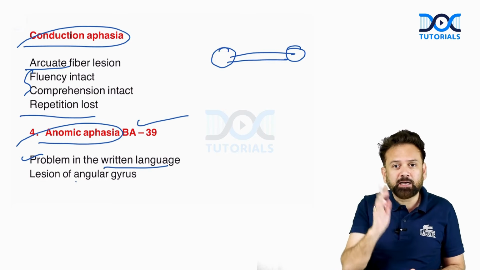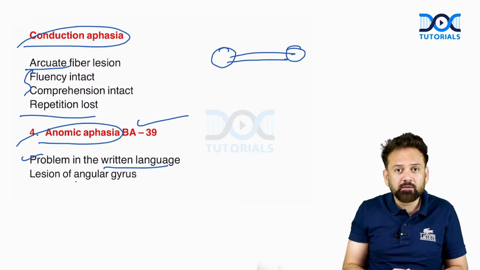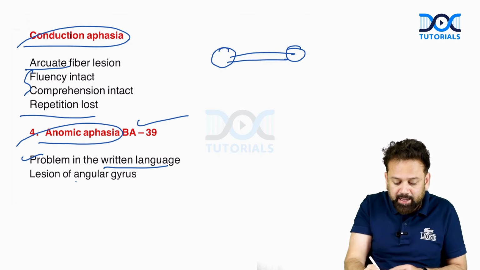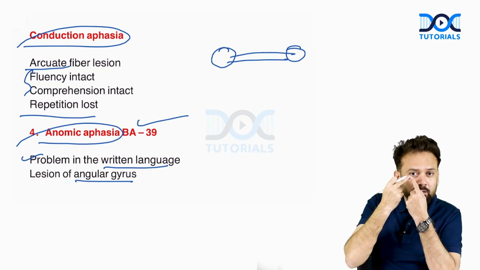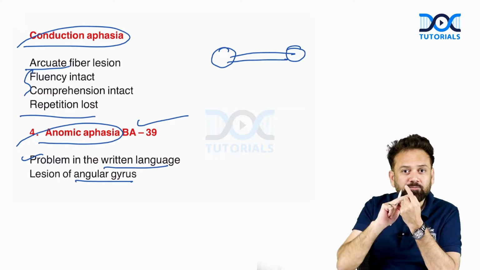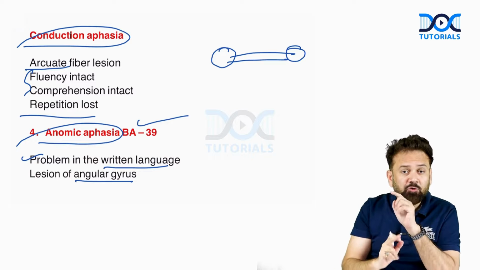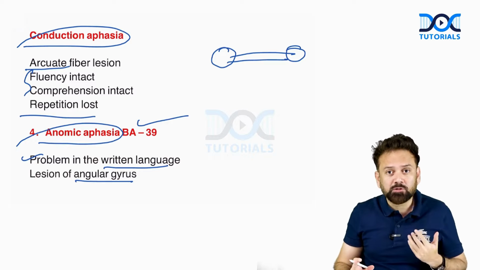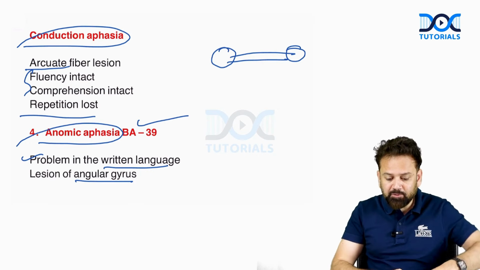If I write, you will understand. If I speak, you will understand. But if I write, you cannot. Because lesion is in the angular gyrus. From visual understanding, it goes to the Wernicke's area through angular gyrus. If lesion is in the angular gyrus, we cannot understand the visual cues. The problem will be in the written language.